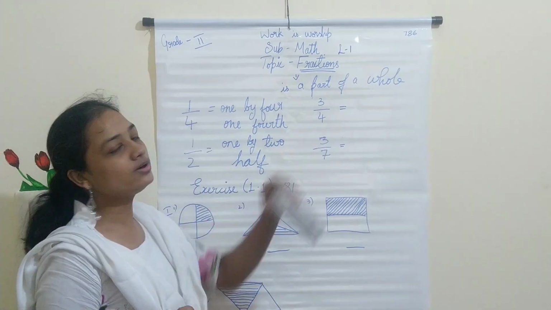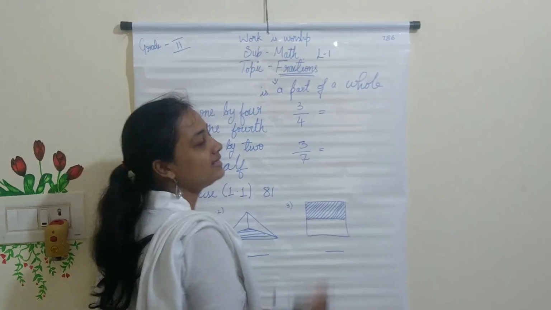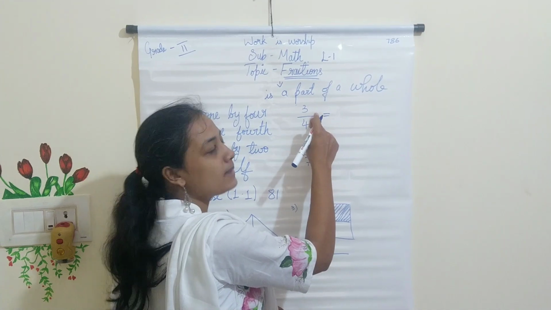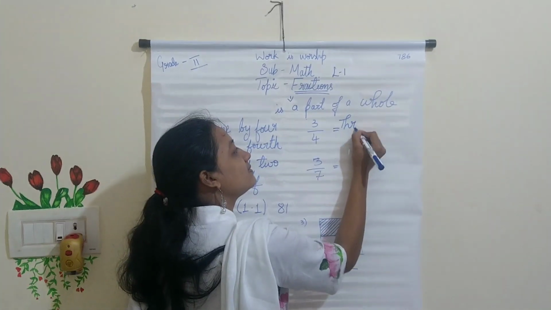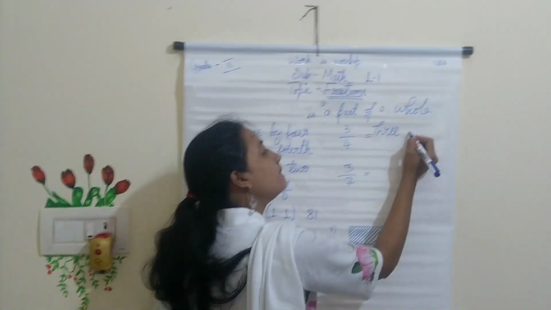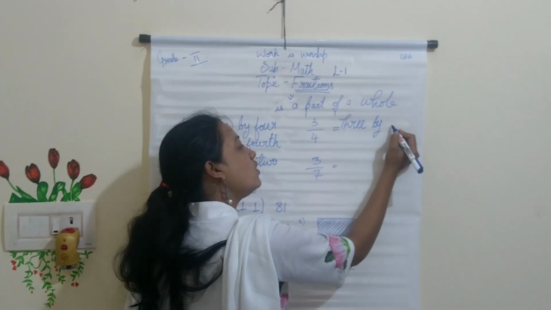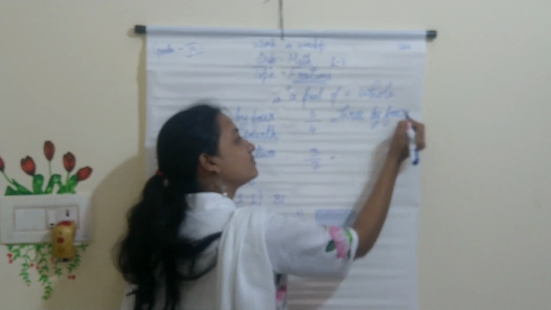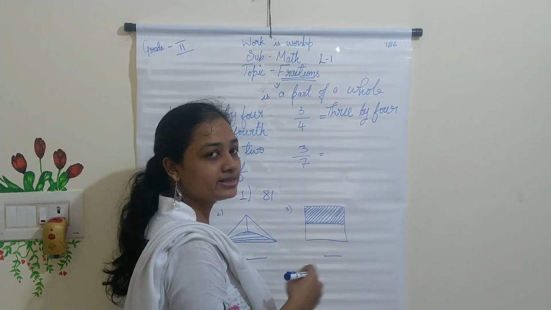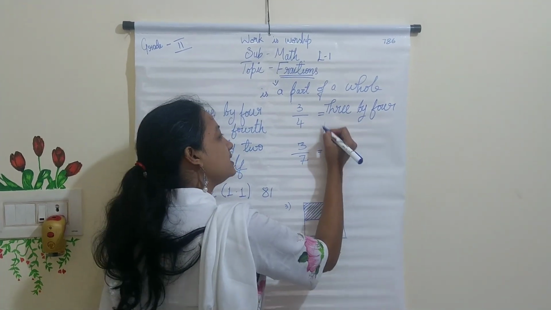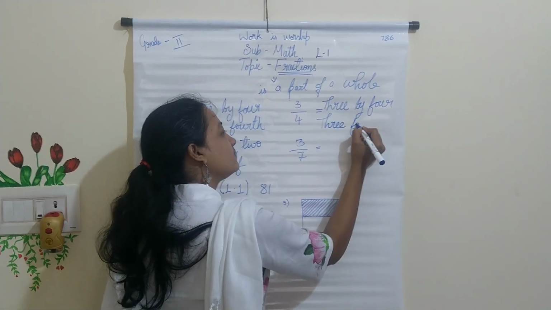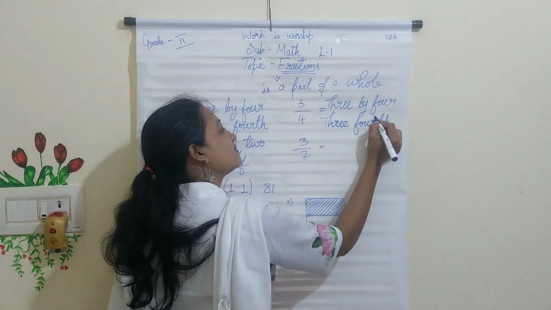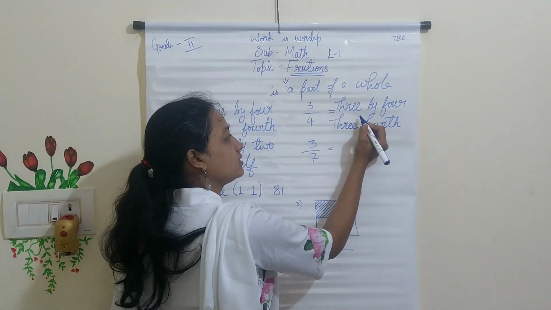Now let's go for the next one. How do you read this? 3 by 4. Now how will I read it in the other way? 3/4.